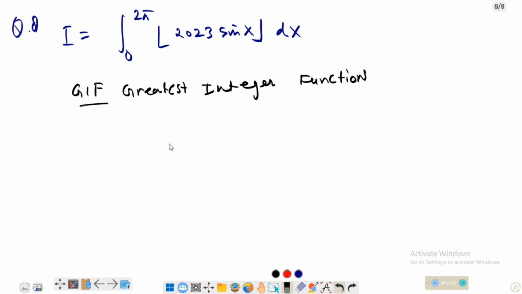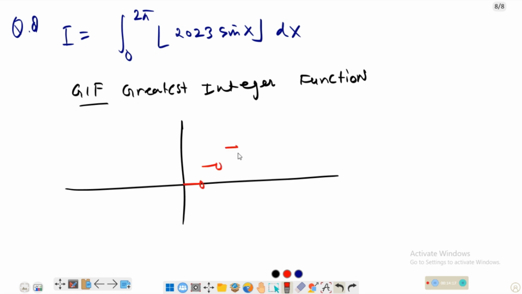The graph of the greatest integer function is like that. This input is 1, 2, 3, 4, 5, and so on, and this is minus 1, minus 2, minus 3, and this is 1, 2, 3.